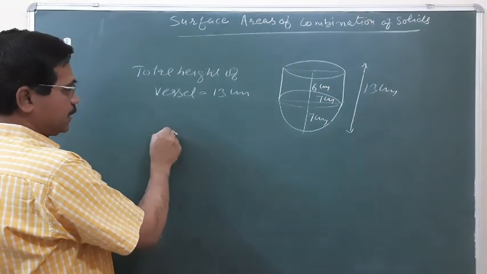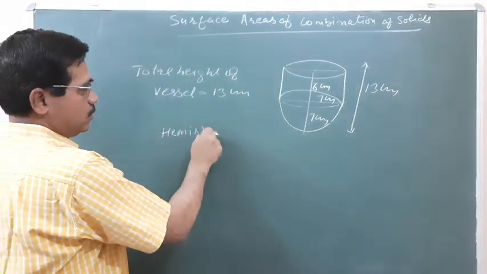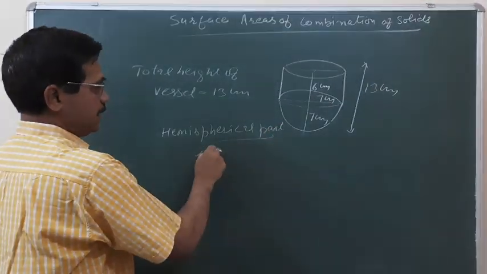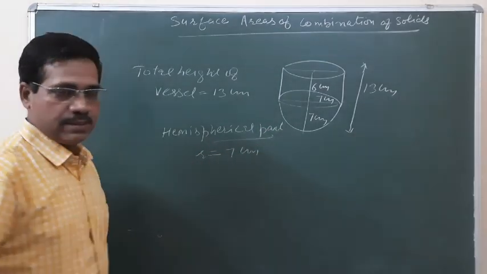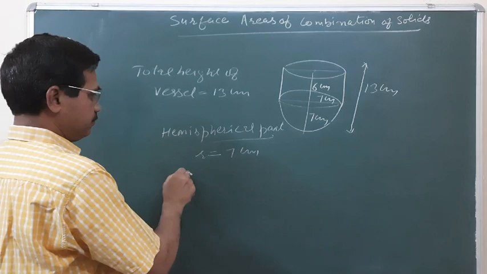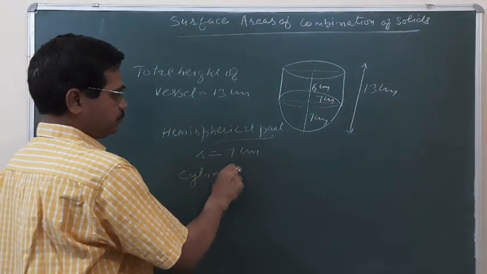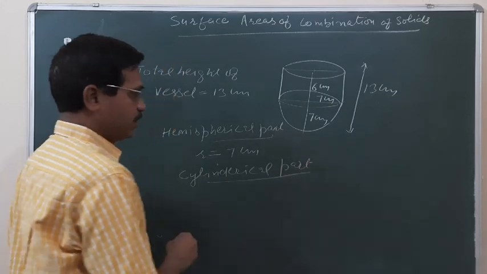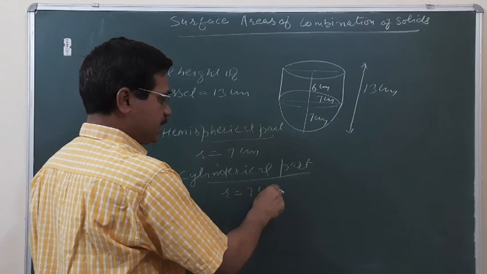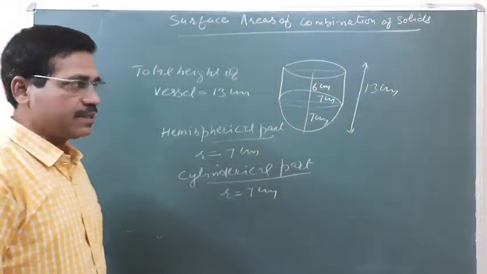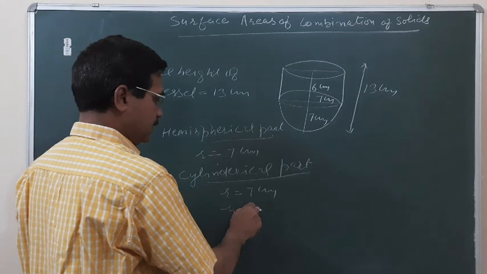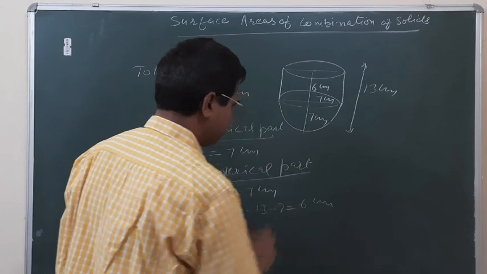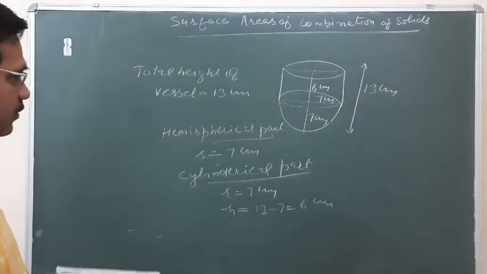In the hemispherical part we have radius equal to 7 centimeter, and in the cylindrical part we have radius also 7 centimeter because both figures are combined, and the height of the cylinder is 13 minus 7, which is equal to 6 centimeter. We have to find the inner surface area of the vessel.